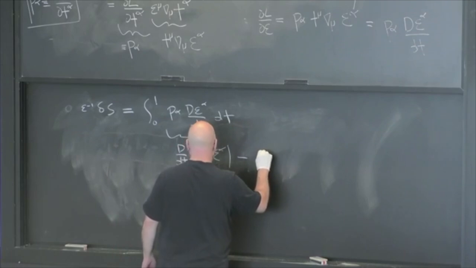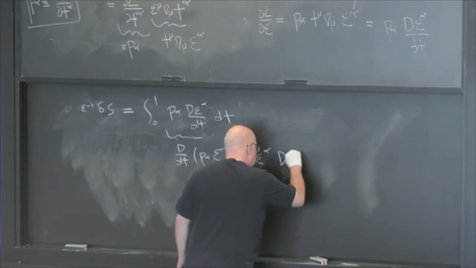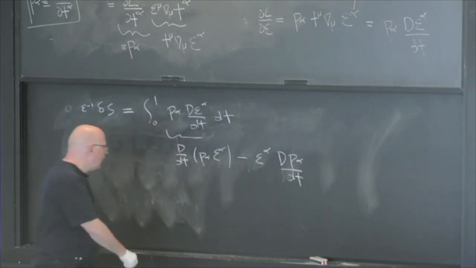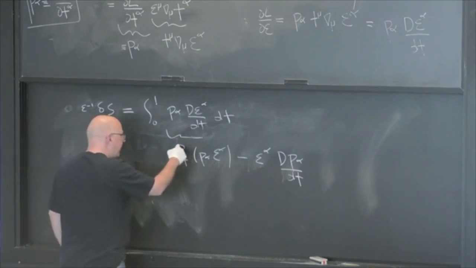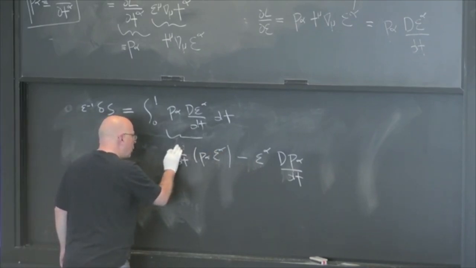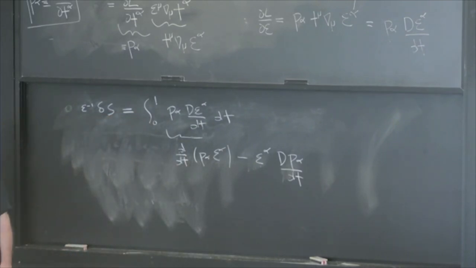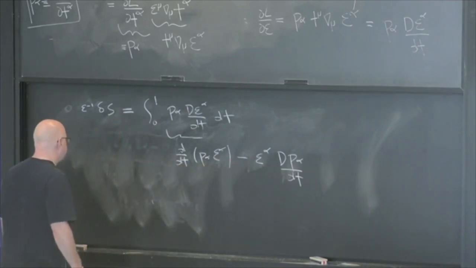minus the swap derivatives. And here I'm taking the covariant derivative of a scalar up the curve, so that's going to be the same thing as an ordinary derivative. So that's a total derivative I can integrate, and I'm going to be left with this inside the integral.